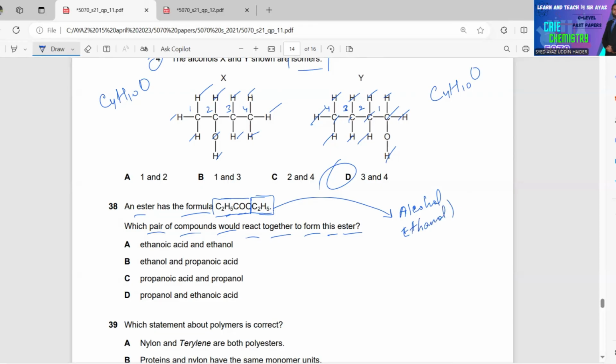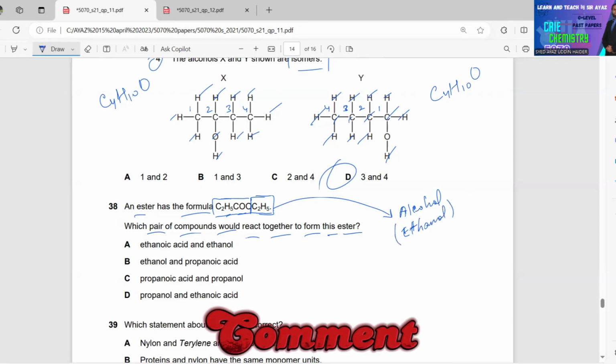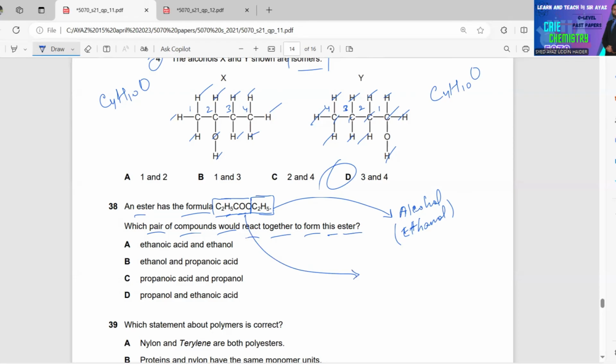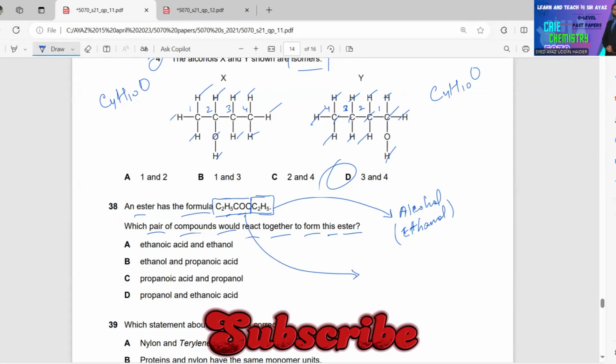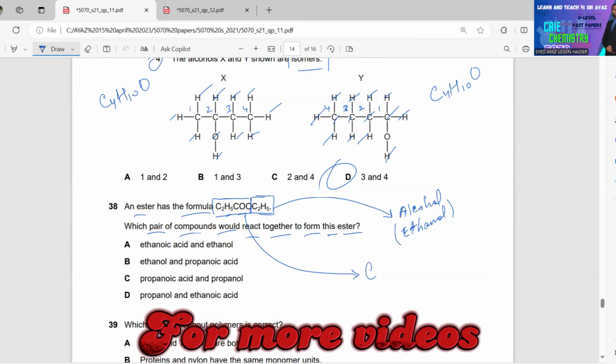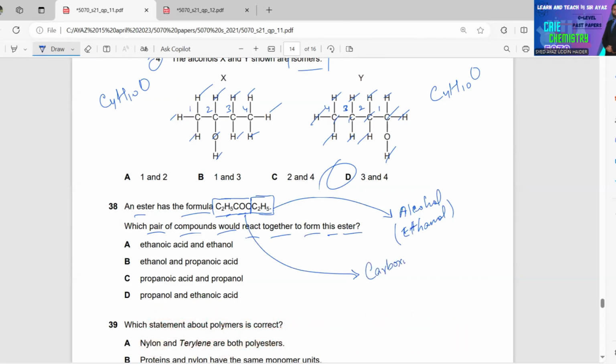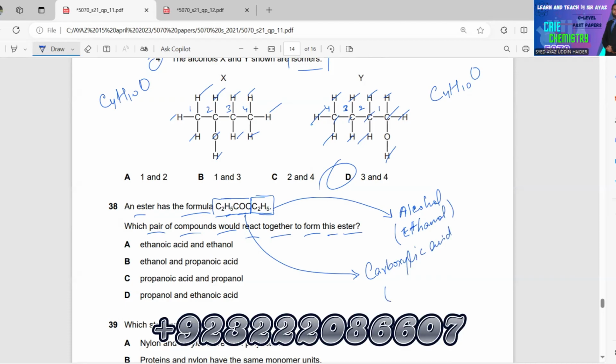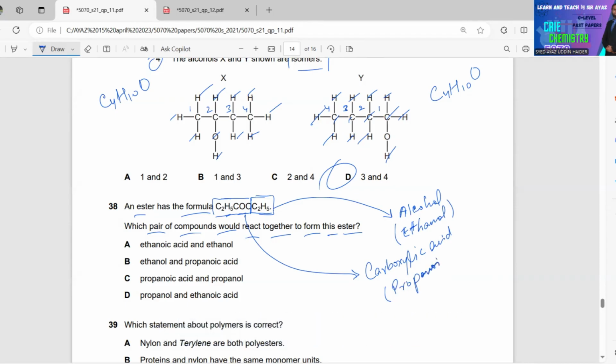So one of the reactants must be ethanol. What about the next one? We have C2H5COO. It's coming from a carboxylic acid. And we have 3 carbon atoms, so it must be propanoic acid. So we have propanoic acid and ethanol. So B must be the right answer for number 38.